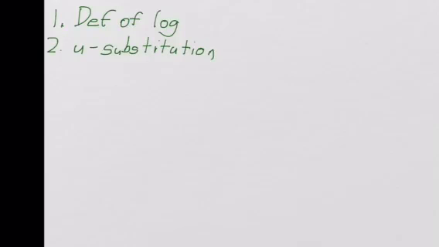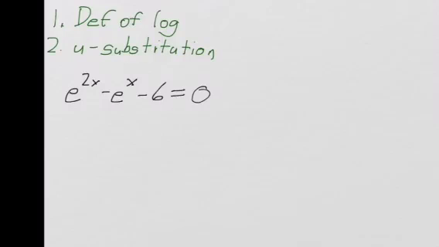As an example of a problem you might see, we could have a problem like e to the 2x minus e to the x minus 6 is equal to 0.